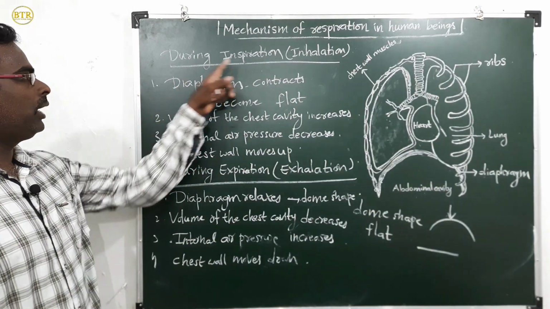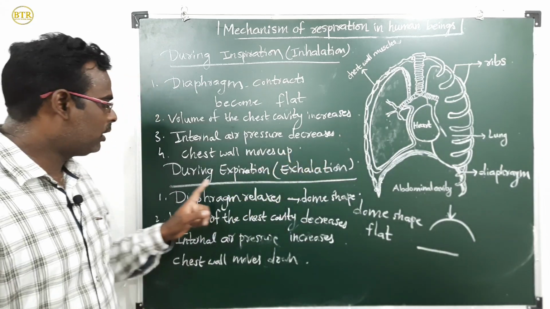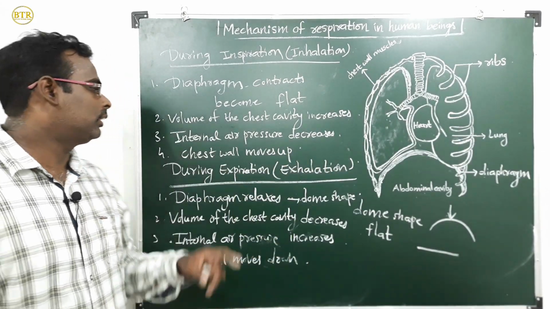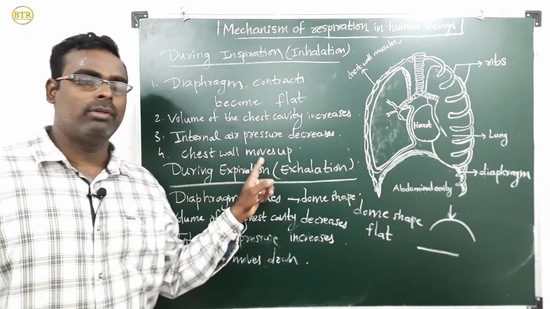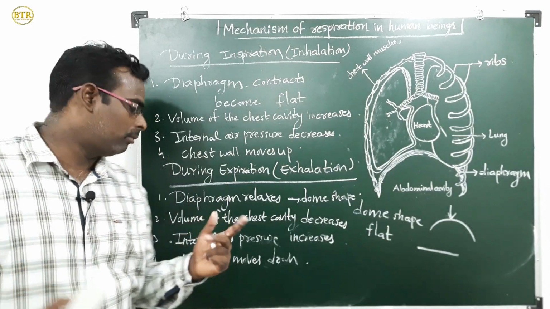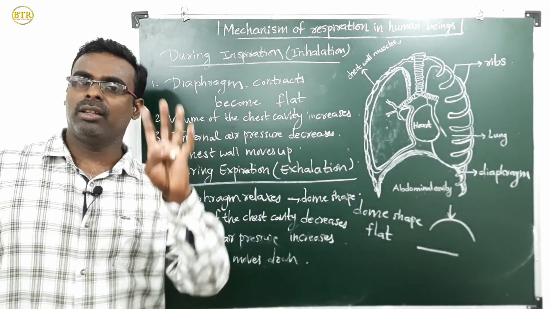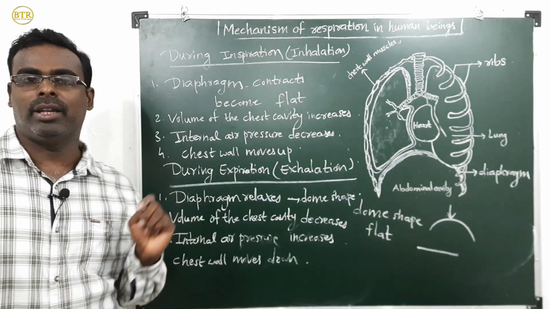Third point, during inspiration, internal air pressure decreases, but during expiration, internal air pressure increases. Fourth point, during inspiration, chest wall moves up, but during expiration, chest wall moves down. So these are the four differences between inspiration and expiration.